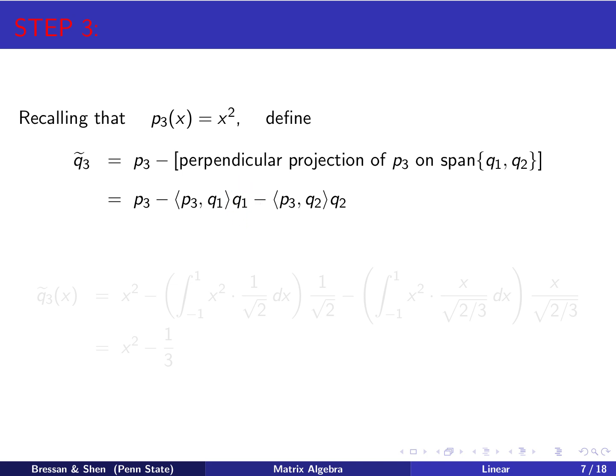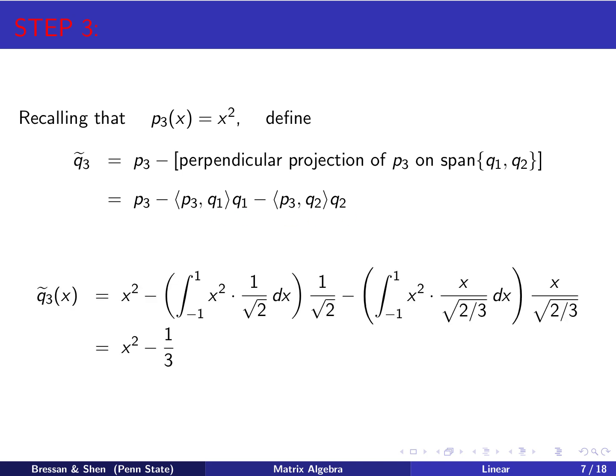It's a linear combination of Q1 and Q2 with coefficients: the inner product of P3 with Q1 in front of Q1, and P3 with Q2 in front of Q2. So the rest is to plug in, since all these functions are given, and work it out.